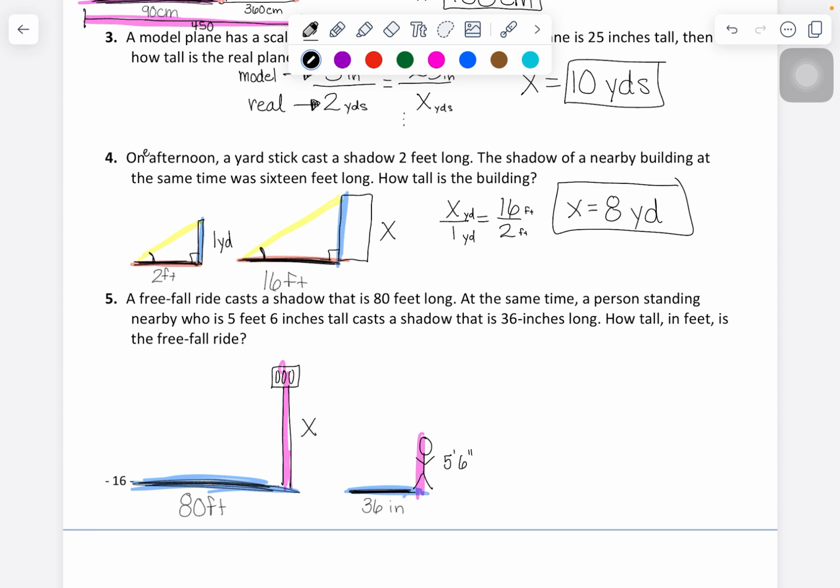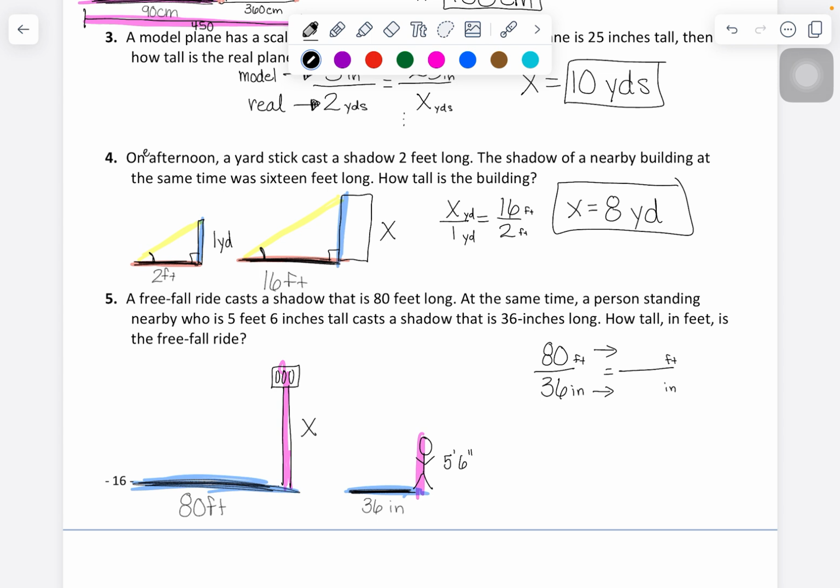correspond currently. So if I go to make my fractions and I'm just going to start with the numbers this time, I'm going to have my 80 over my 36. That's in inches. That's in feet. Since those are not the same unit, that means this measurement needs to be in feet and this measurement here needs to be in inches.